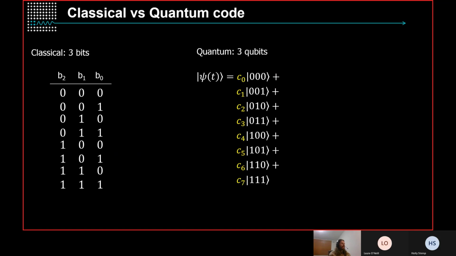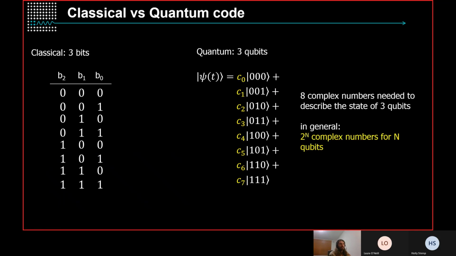So now let's look at the information density that 3 classical bits have compared to 3 qubits. So 3 classical bits are just 3 numbers, 3 zeros or ones, so just 3 bits of information. But to describe the state of 3 qubits, what you need are 8 complex numbers. And in general, to describe n qubits, you need 2 to the n complex numbers. So this grows exponentially.